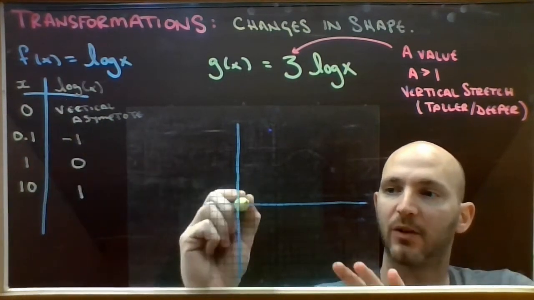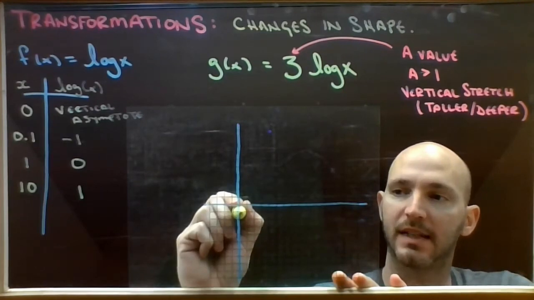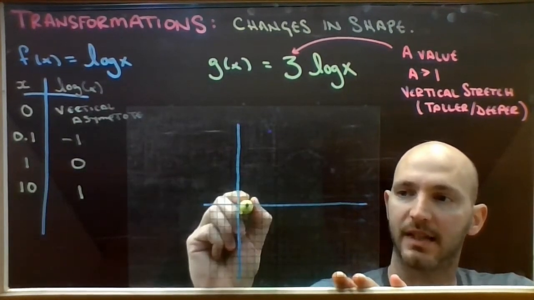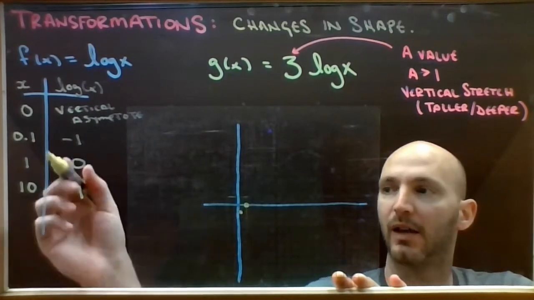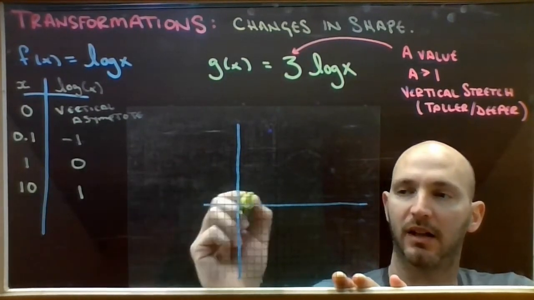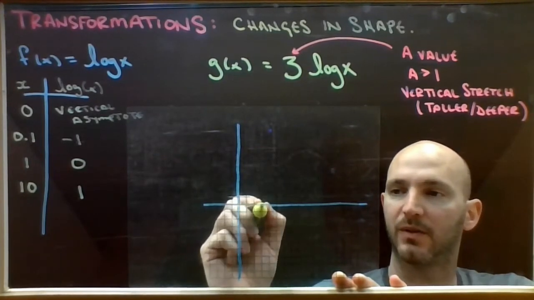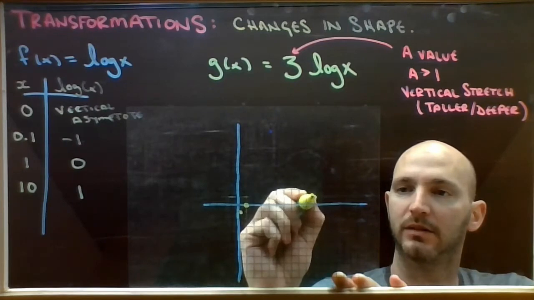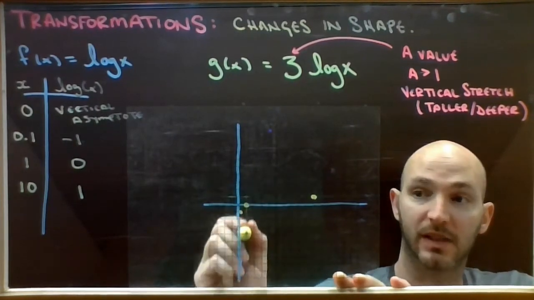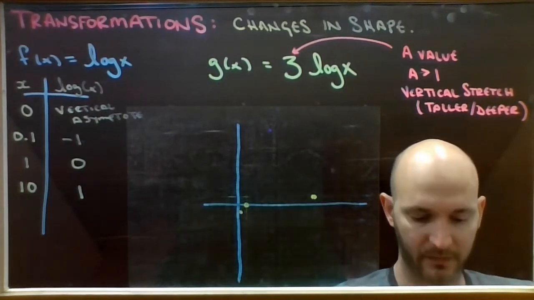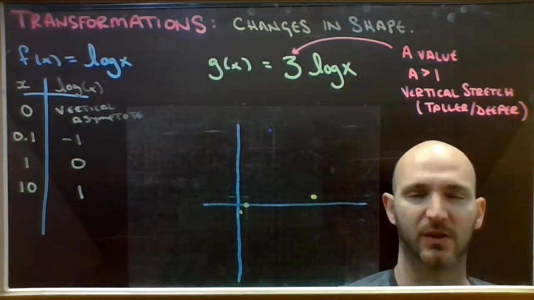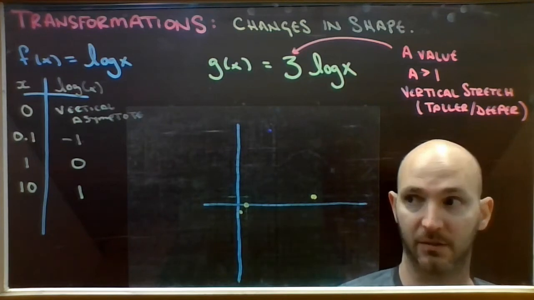When x is 0.1, log is at -1. When x is 1, log is 0. And when x is 10, log of 10 is 1. So 1, 2, 3, 4, 5, 6, 7, 8, 9, 10, and 1. Now, I could sketch that in. I'm going to do the transformation first so that I don't get lines all over the place on my grid.